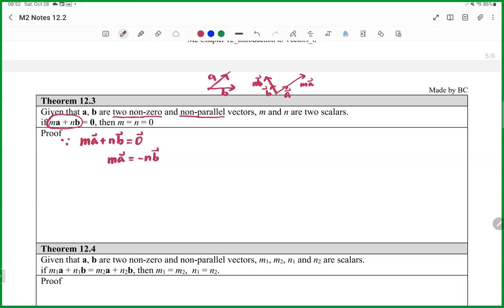Okay, so first case, if M is not zero, then A must equal negative N over M times B. In this case, A and B are parallel.